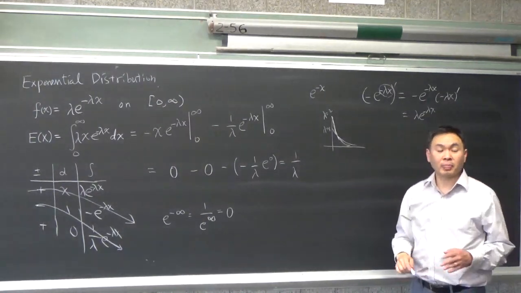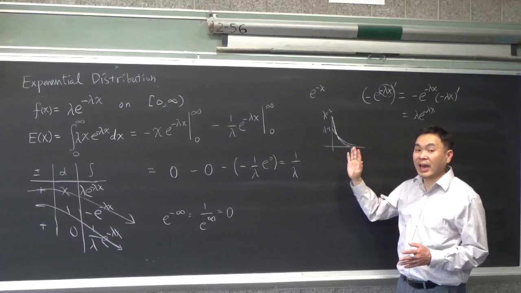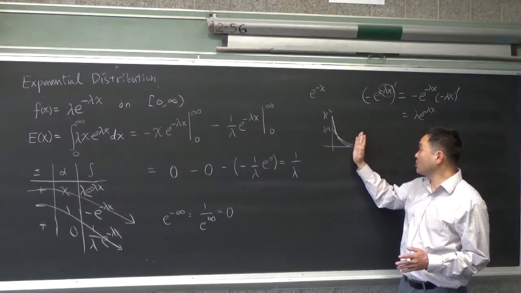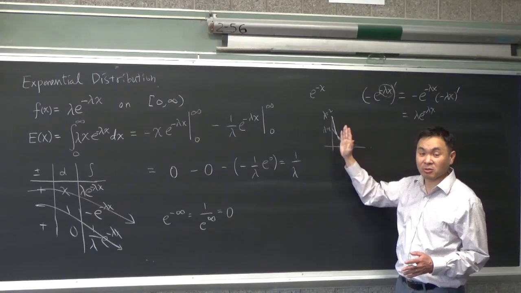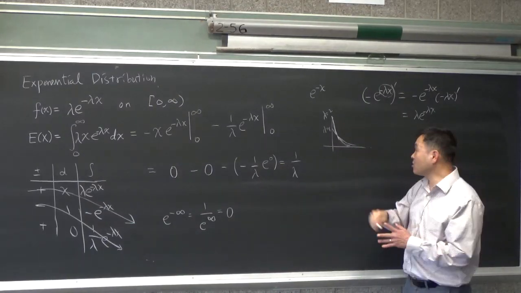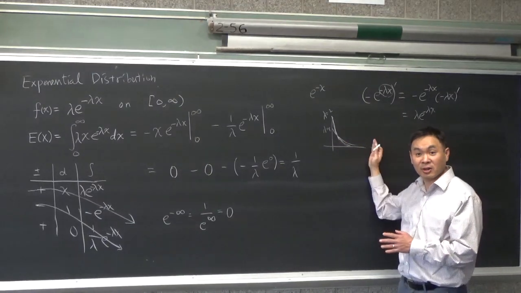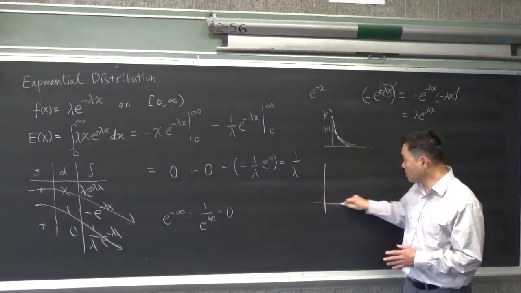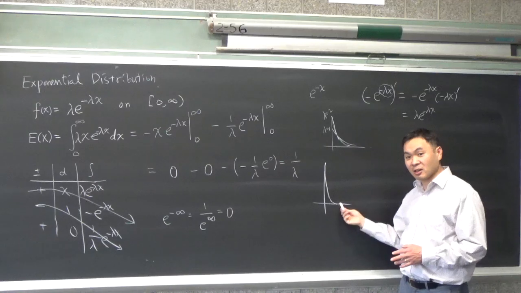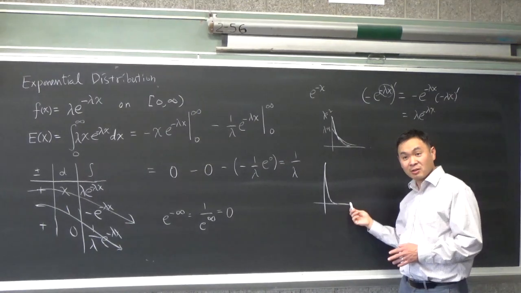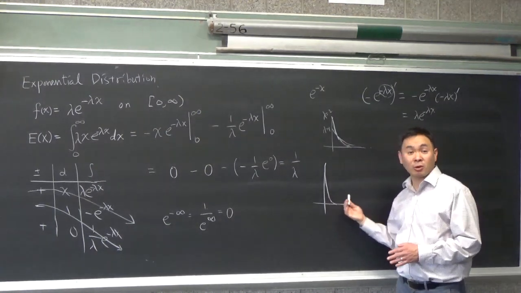And if you look at the average value, you can see that the average value will shift towards 0. The quicker it decreases, there's less chance that you will get a high value. So if you have something really huge and goes like that, it's very hard to get a value that's big, right? So your average is going to go down.